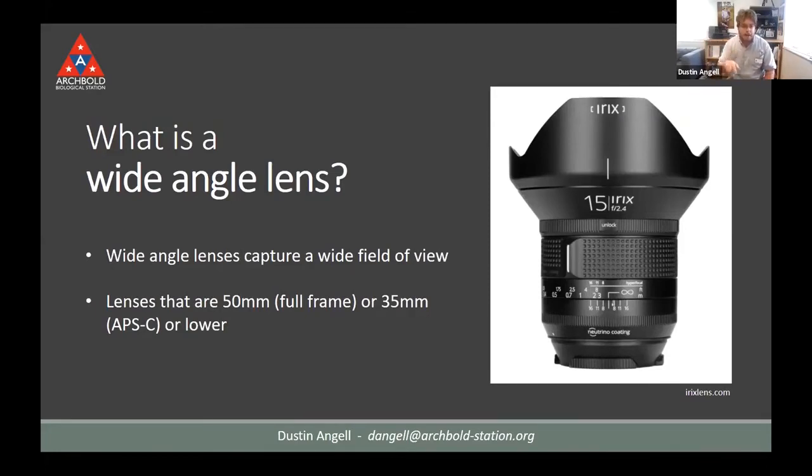One comment on the part here that says full frame or APS-C. If you don't know what that means, most digital cameras until a couple of years ago had a smaller sensor than the old 35 millimeter film.